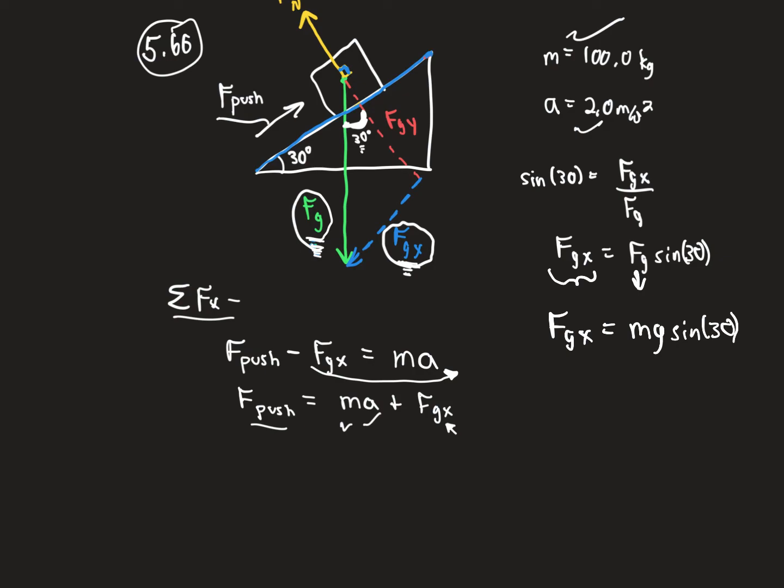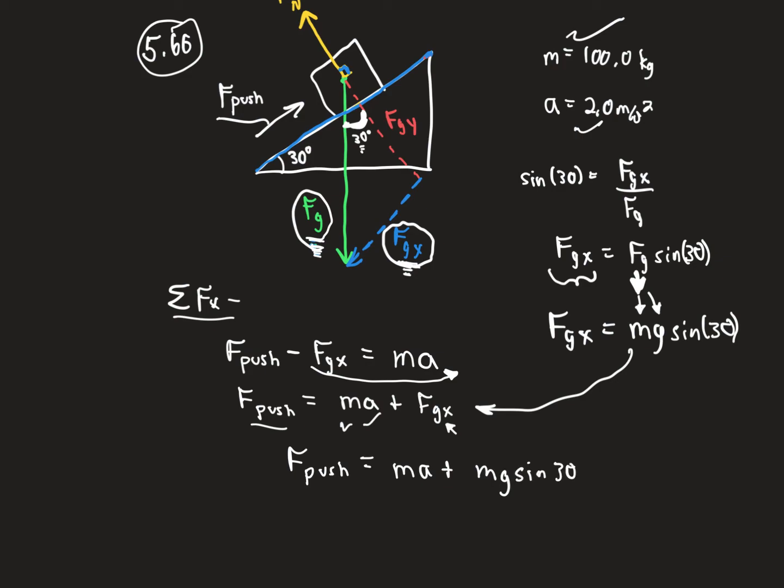Again, force of gravity, Fg, is equal to mass times the acceleration due to gravity. You got to remember that. And now I can take this and plug it in. F push is now equal to mass times acceleration plus mass times acceleration due to gravity times sine of 30.